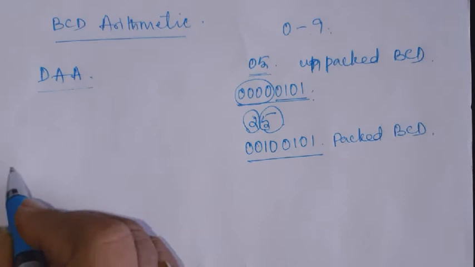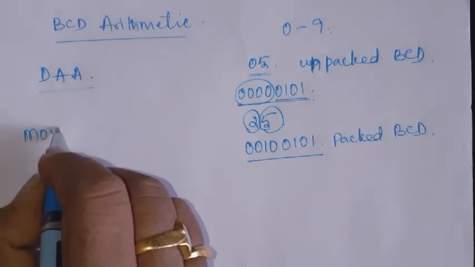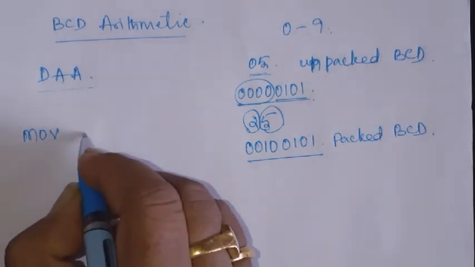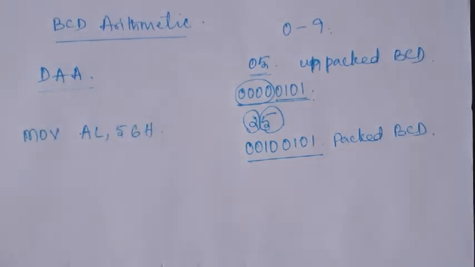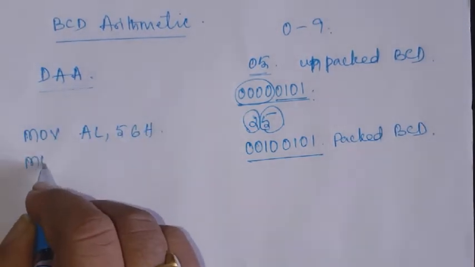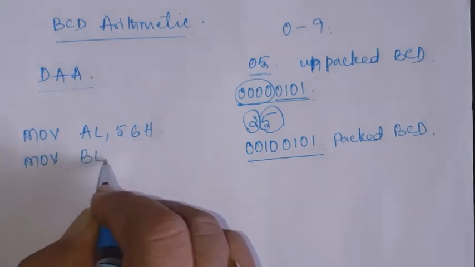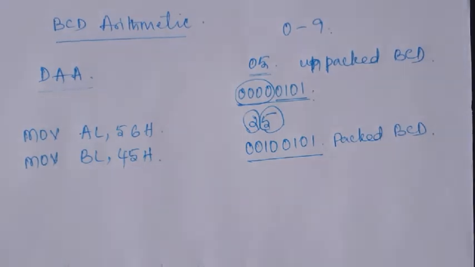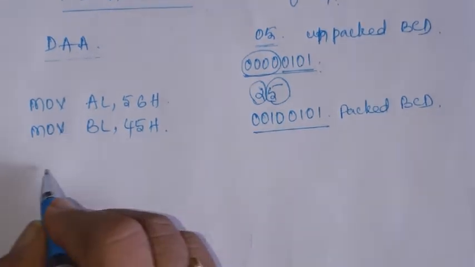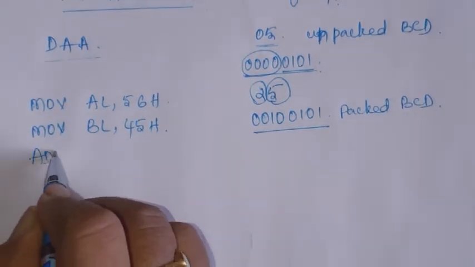Here is how this instruction is used. Let us suppose we have one number in AL, and another number you take, 45H, then add these two.